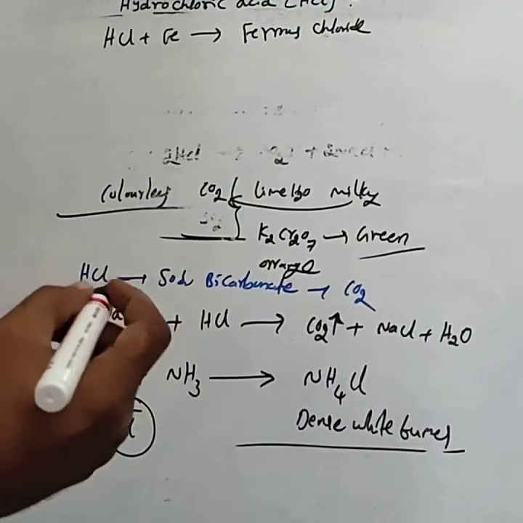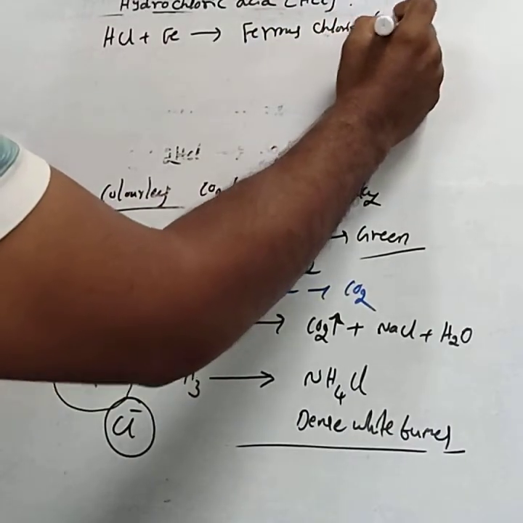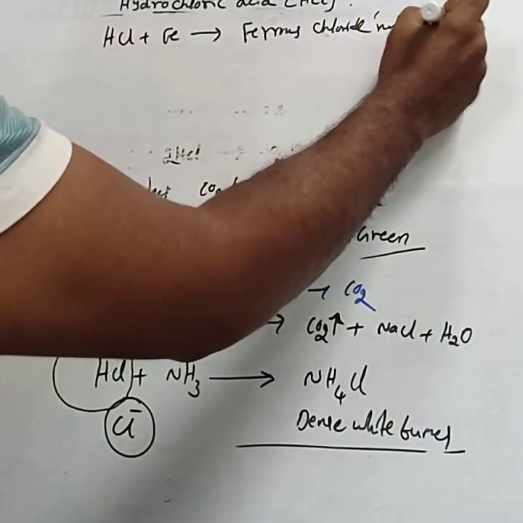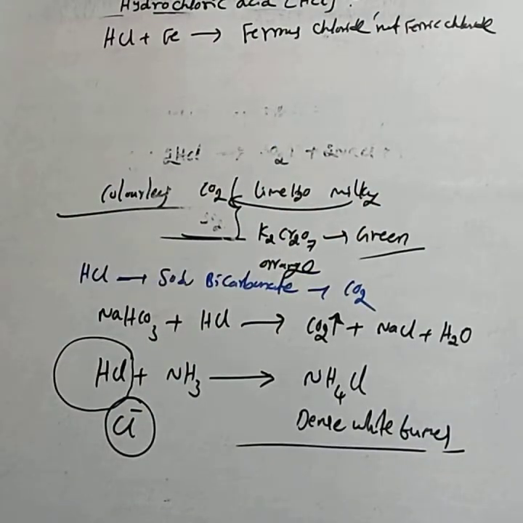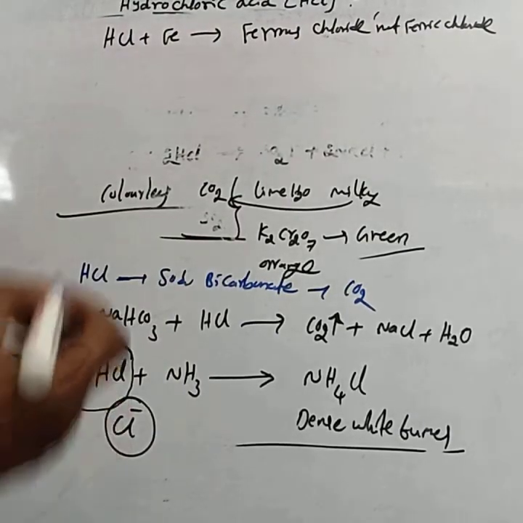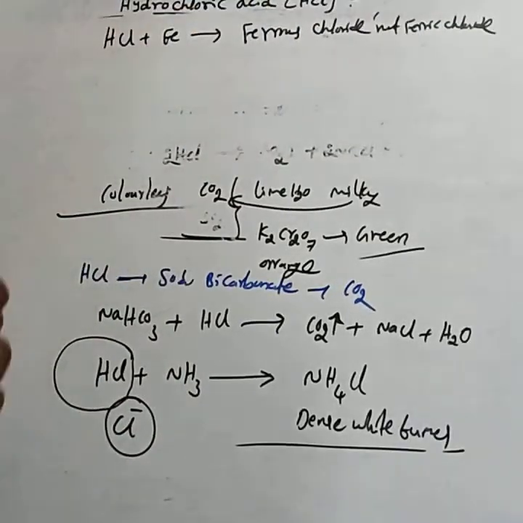Ferrous chloride is formed, but not ferric chloride. To the iron filings, if you add HCl, you get only ferrous chloride, but not ferric chloride.